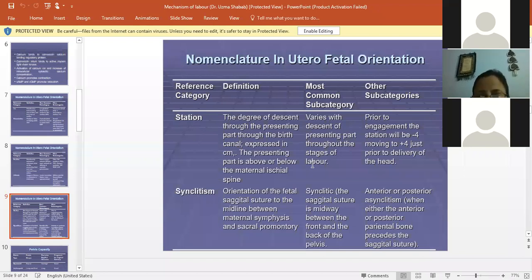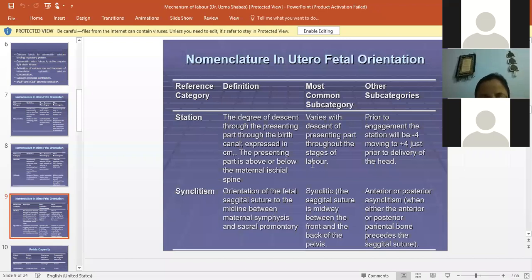This varies with the descent of the presenting part during the stages of labor. If it is prior to engagement of the head, it will be at -4 position, meaning 4 centimeters above the ischial spine.